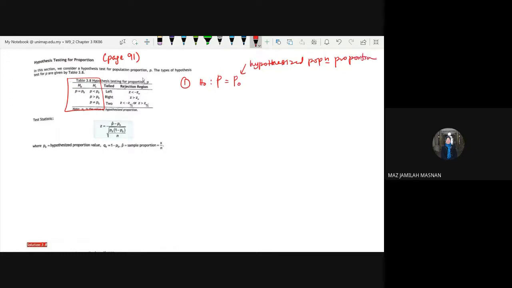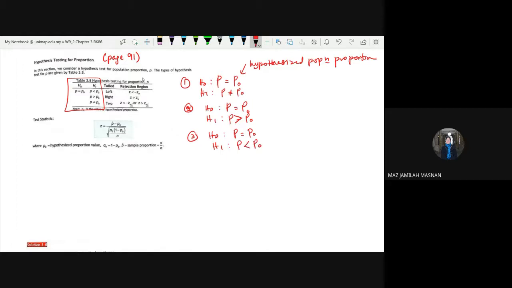Alternative: P not equal to P naught. Second, H naught: P equal to P naught, alternative: P greater than P naught. Or third, null: P equal to P naught, alternative: P less than P naught.